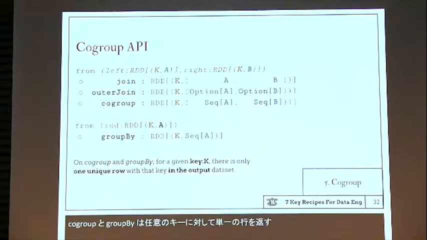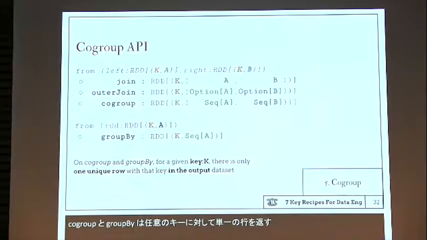If you start from two RDDs, so two pair RDDs with the key of type K, you have the left RDD and the right RDD, and you have several join operations that you can perform on them. If you look at the API, when you do a standard join, you are creating a new RDD with the key K, an element of A and an element of B, corresponding on the key.